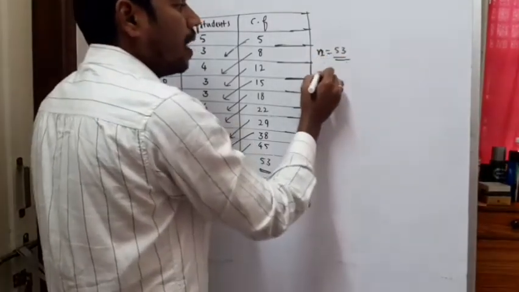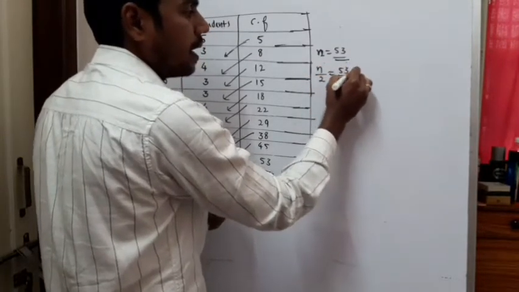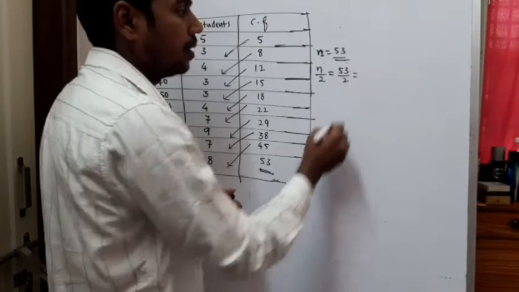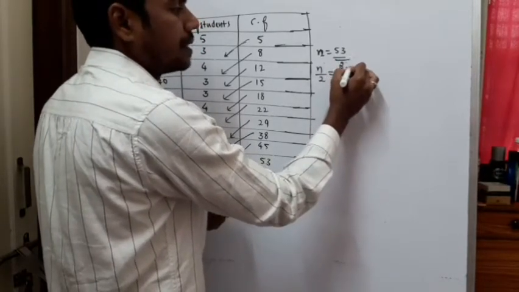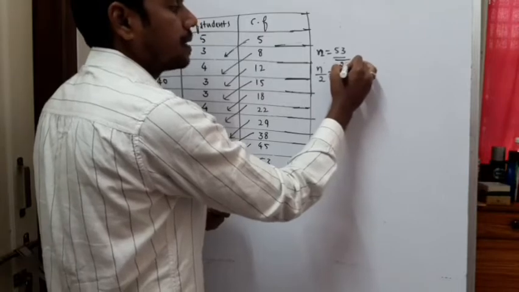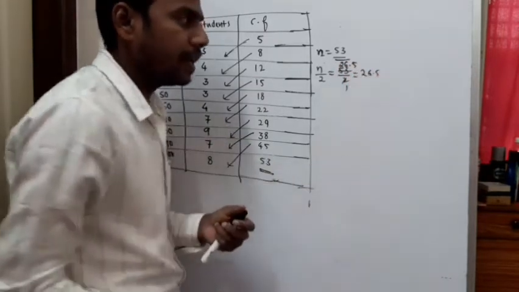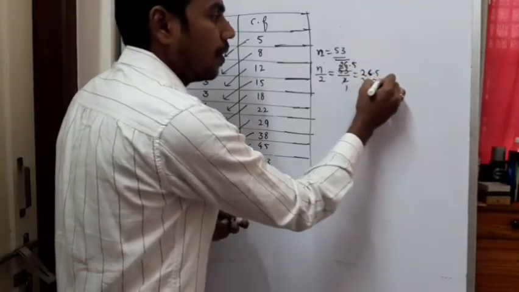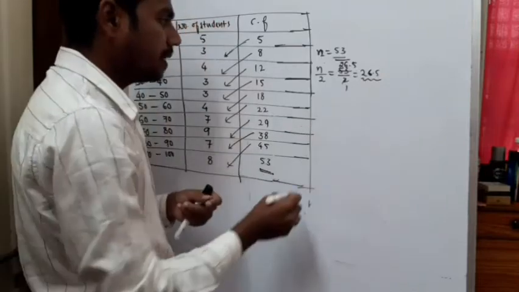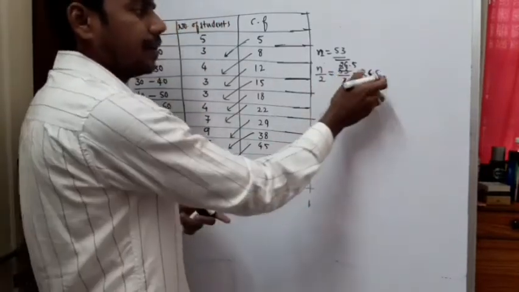We just take n by 2, 53 divided by 2. What did you get? 26.5. Now we need to look for the frequency which is just greater than 26.5.